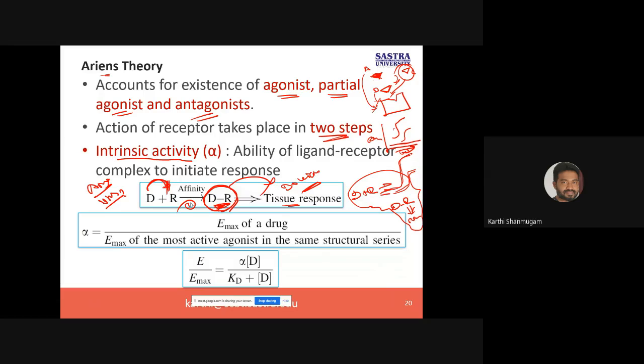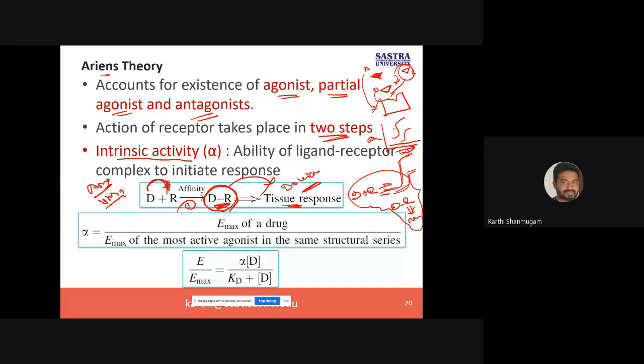The second step is that the mere formation of the complex may not lead to the biological response. The drug receptor complex should have some intrinsic, inherent property that he termed intrinsic activity alpha. If the intrinsic activity alpha is higher, then we can expect the biological response. If it is less, then we cannot expect the biological or tissue response, right?